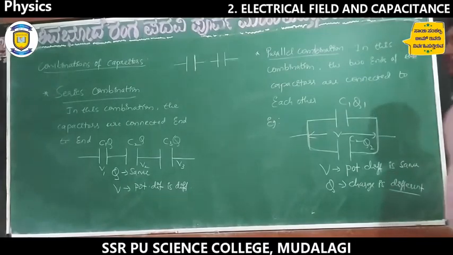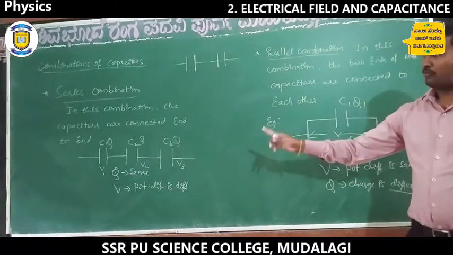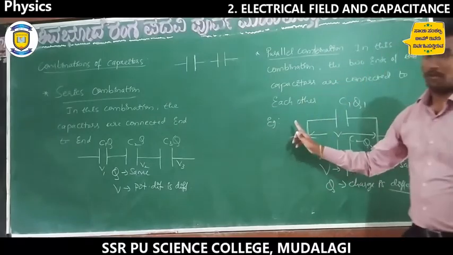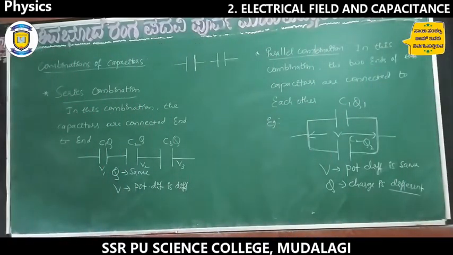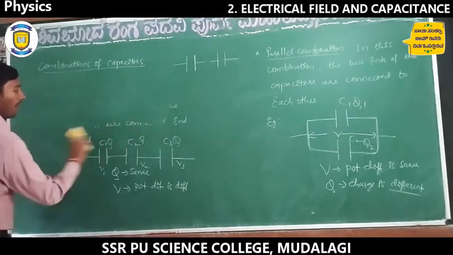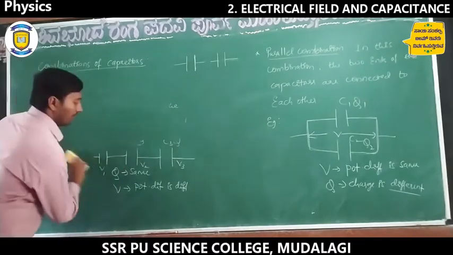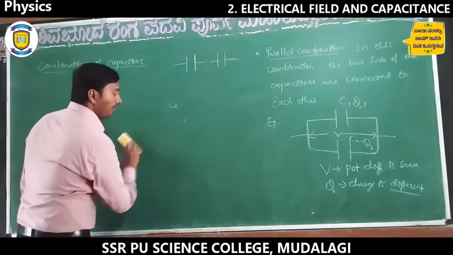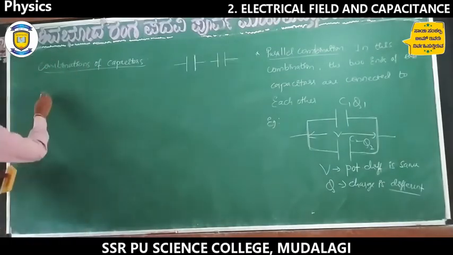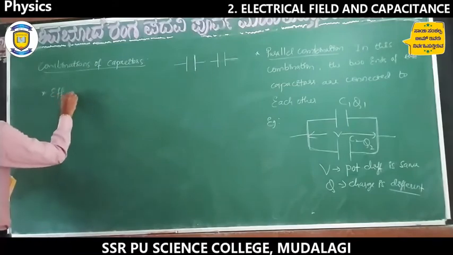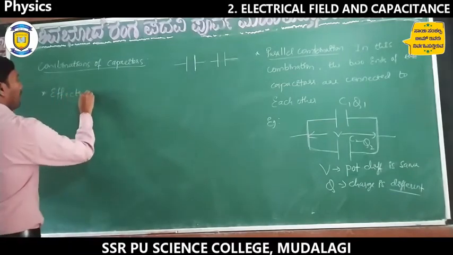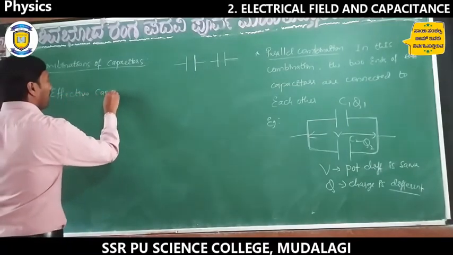This is nothing but the combinations of capacitors. One is series combination, one is parallel combination. Now we will discuss the two definitions of the capacitors in series or parallel combination: effective capacitance, or effective capacitor.